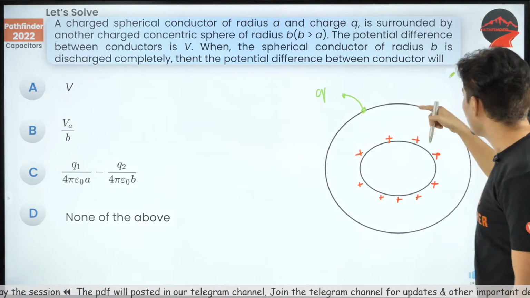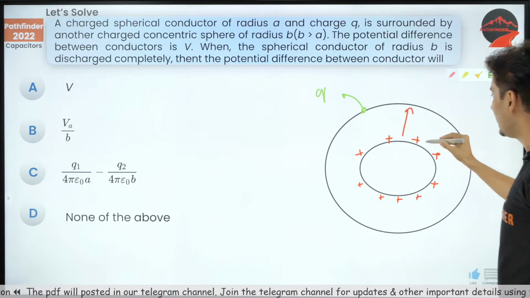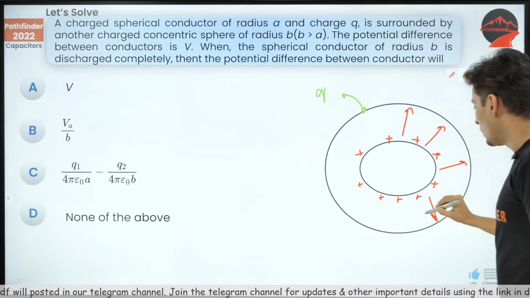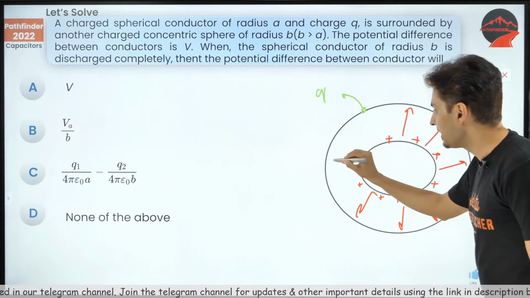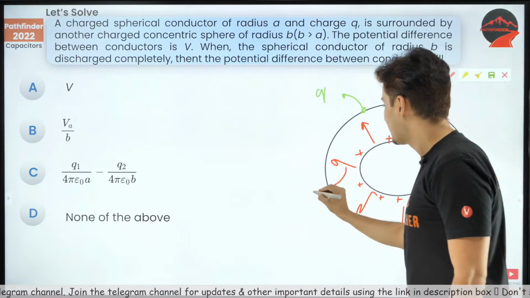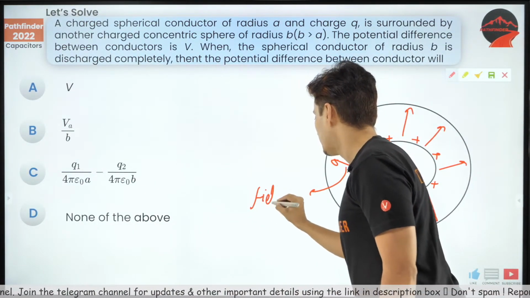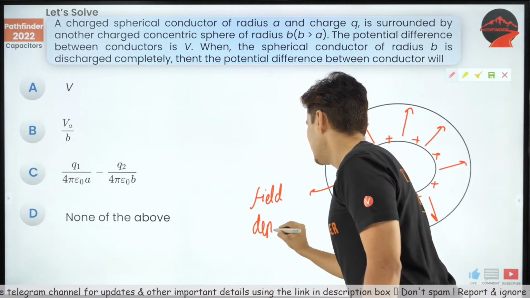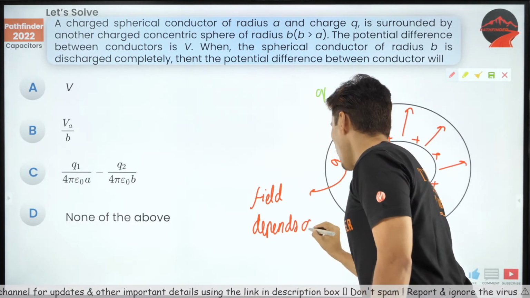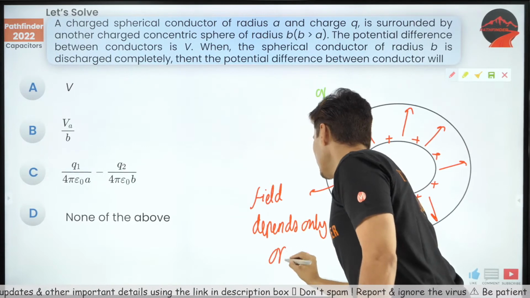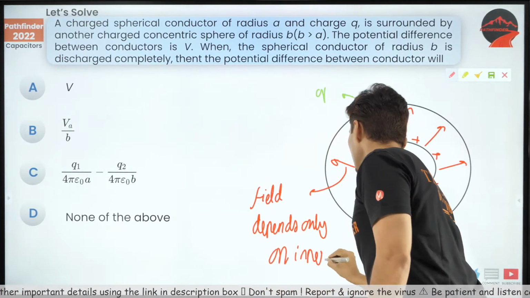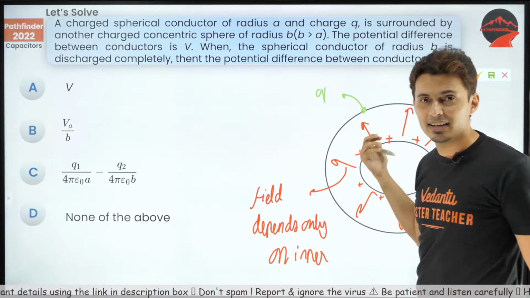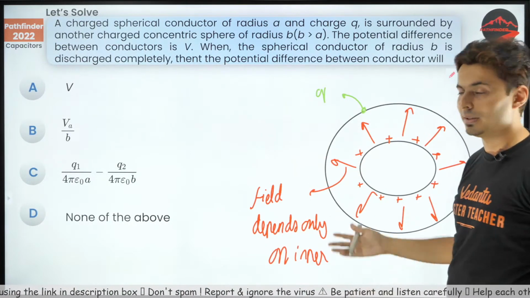The field lines from here to here depend only on the inner charges. So even if the outer charges vanish, we don't care.